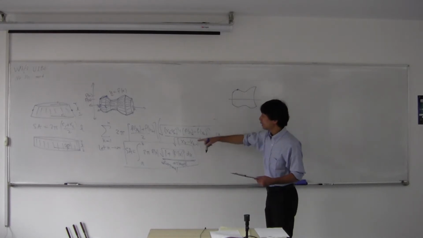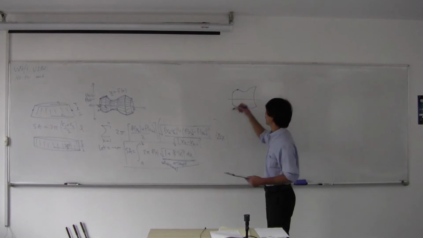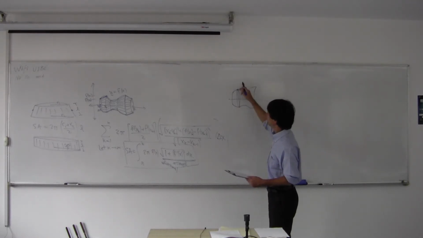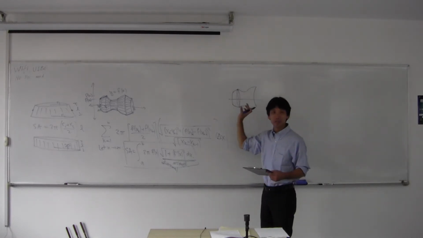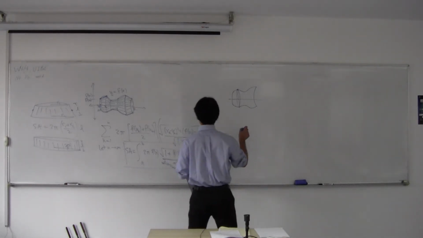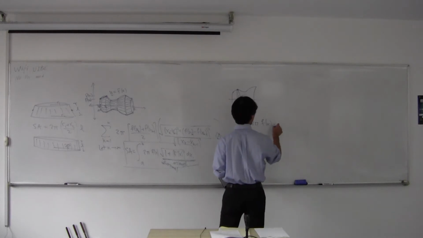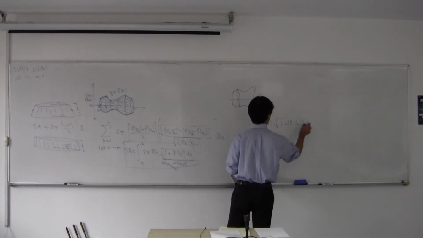Then you multiply that by 2 pi f of x, and that gives you the area of the infinitesimally short cylinder. So it's 2 pi f of x times the square root of 1 plus f prime x squared dx.